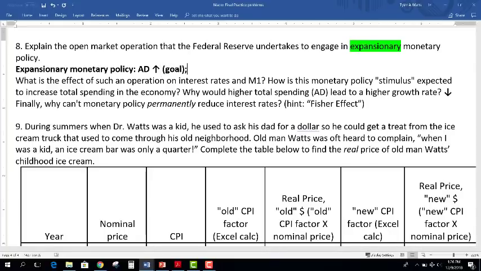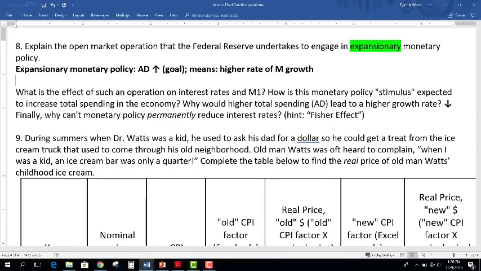That's the goal. The means of achieving that goal is to increase money growth, a higher rate of money growth. Now, how is the Fed going to create more money in the system? Well, it's going to issue reserves. And remember back to that question about supply and demand for credit, right? The Fed issues reserves when it buys government bonds. So the Fed is going to buy government bonds.